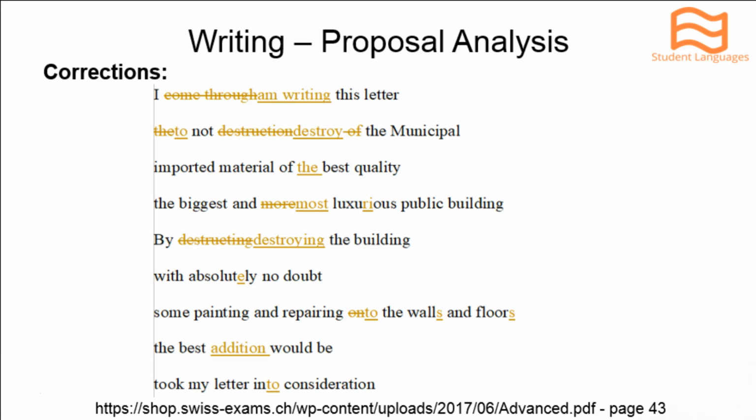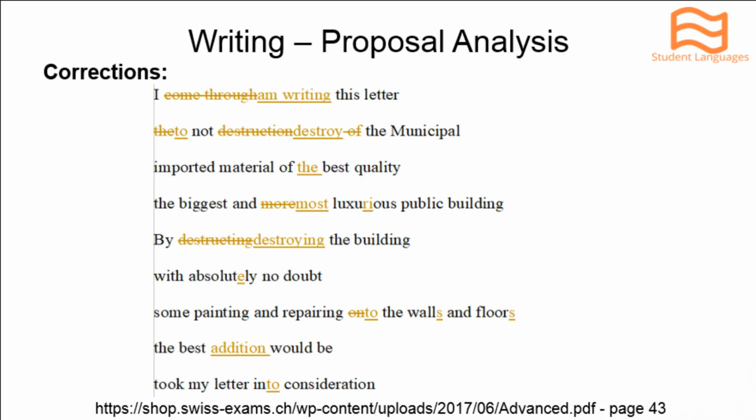In the third sentence we need the article the. We normally put the before a superlative, the best, the worst, the biggest. And we can see the biggest in the next sentence, the biggest and most luxurious public building. This is a good sentence as well because we don't need to repeat the word the before most.